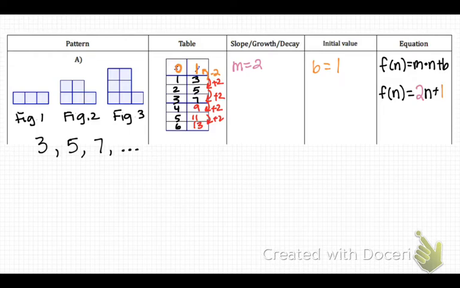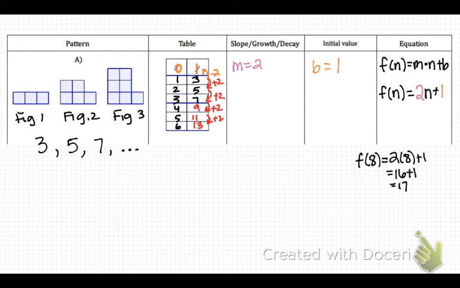Is that okay? Now, let's say I said find the 8th term. How do I find the 8th term? I'm going to plug 8 in. Good. So I'm going to substitute 8 in for n. Is that okay? You like this?